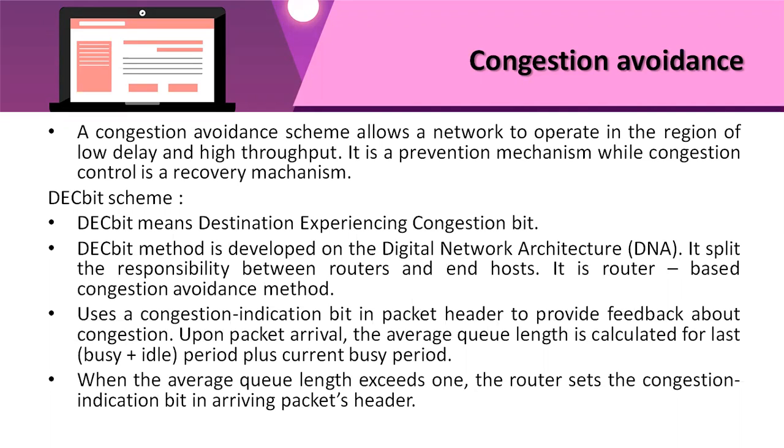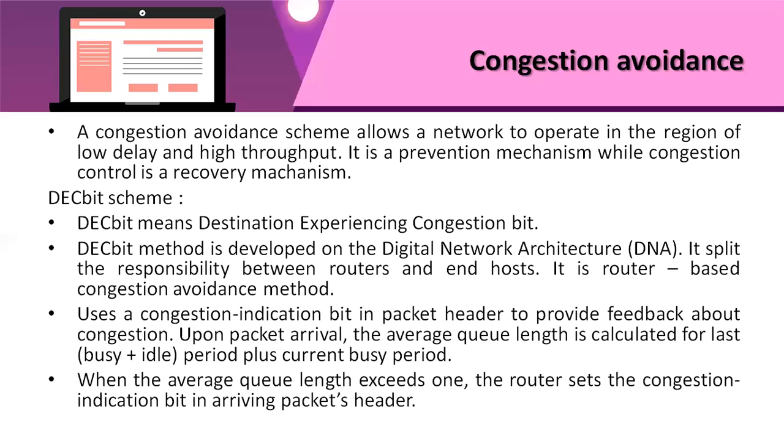In congestion avoidance, we can avoid congestion in the network based on the previous history of network congestion, or based on probability. By avoiding the congestion, we can increase the throughput of the network and also minimize the delay in the network.